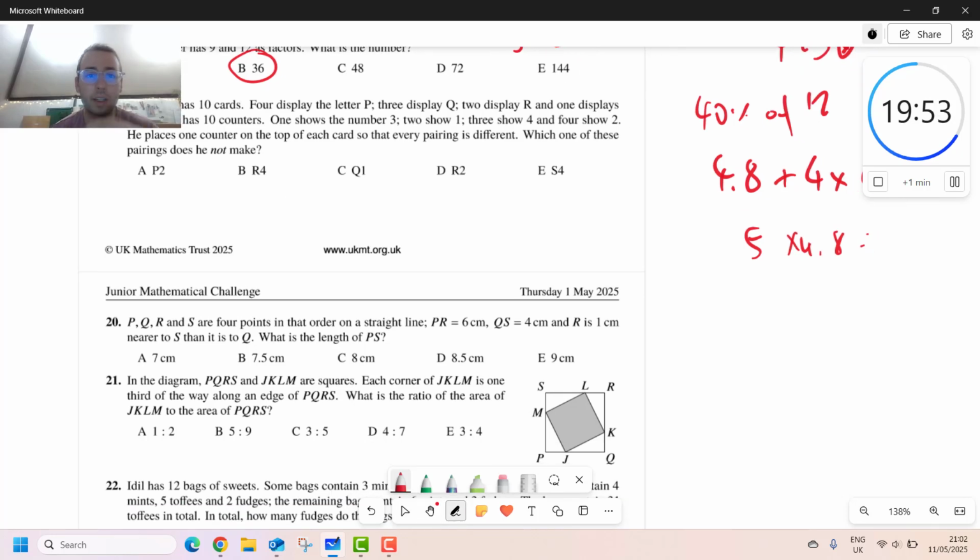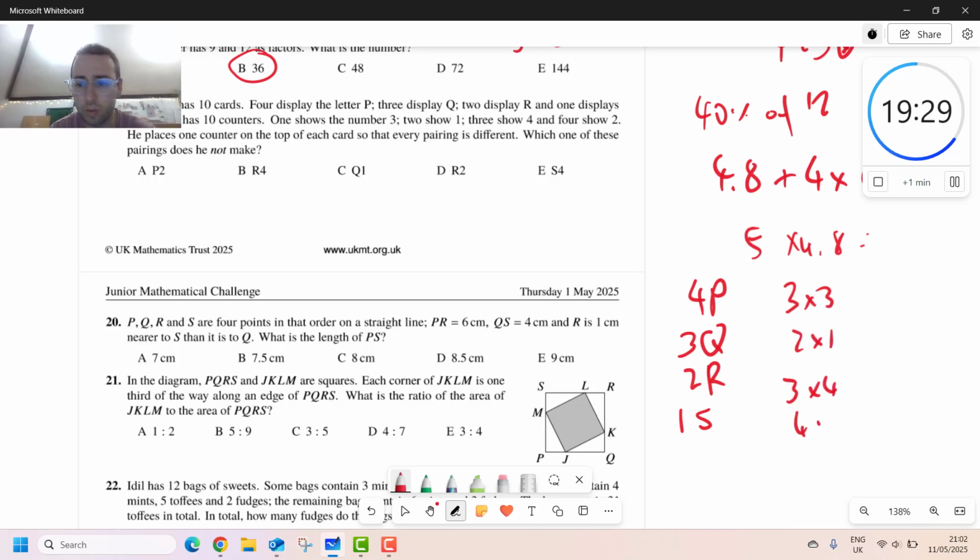10 cards. 4 display the letter P, 3 display Q. Wait, what? We've got 4 P, 3 Q, 2 R, 1 S. He's got 3 3s, 2 1s, 3 4s, and 4 2s.